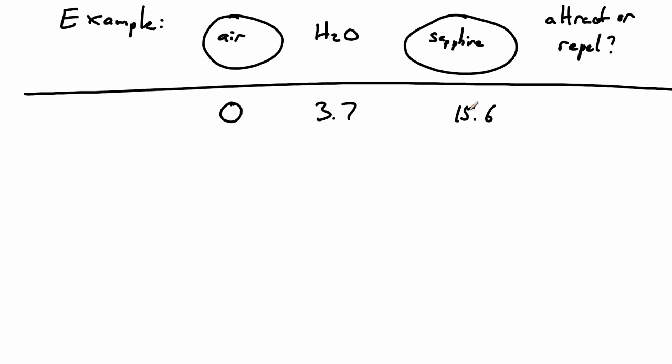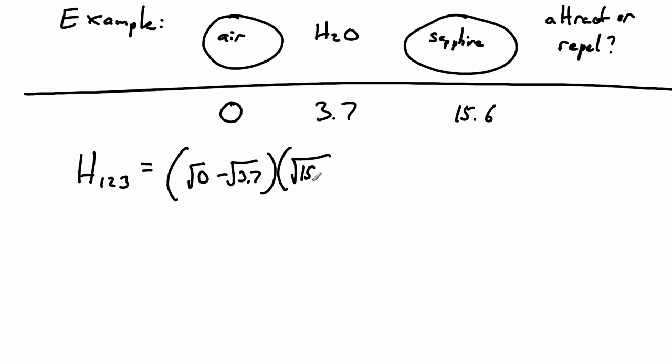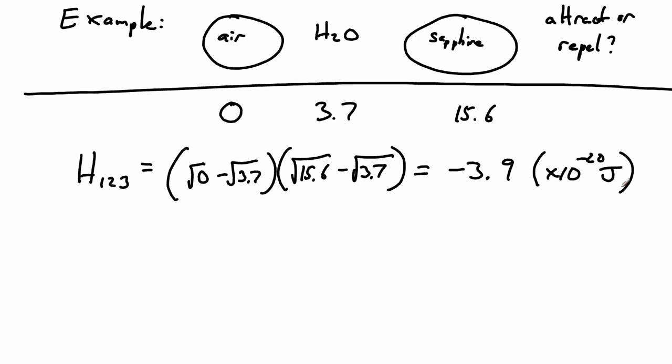And if we were to come up with an estimate for H123, we have each Hamaker constant minus the solvent's Hamaker constant, and we can see this comes to minus 3.9 times 10 to the negative 20 joules.